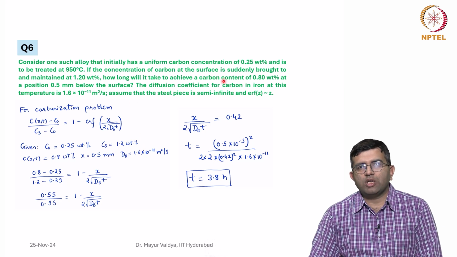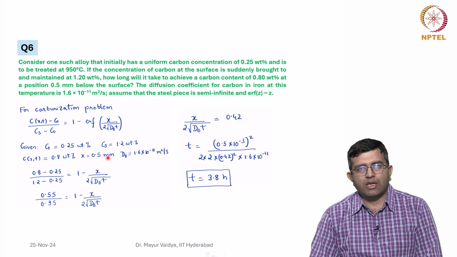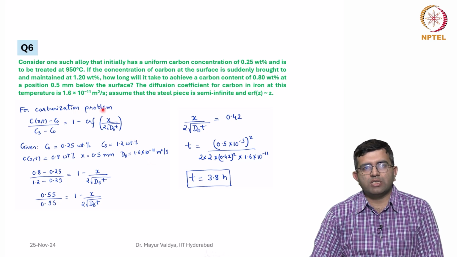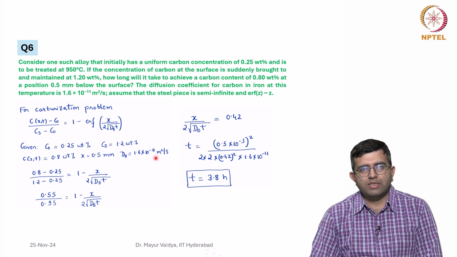And how long will it take to achieve a carbon content of 0.8 at a position 0.5 mm? So, C of x comma t is given as 0.8 and x is given as 0.5 mm. And this is the value of D given here, 1.6 into 10 power minus 11 meter square per second.